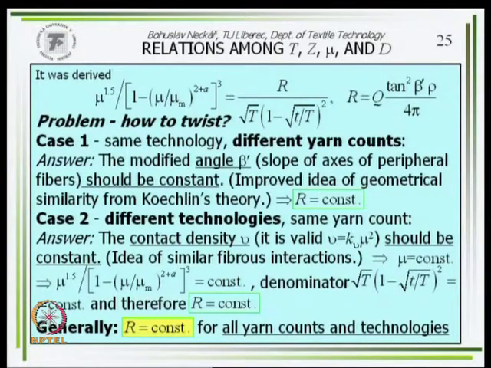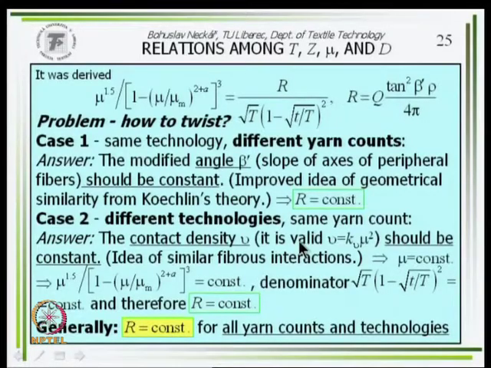Let's solve the second case. Different technologies and same yarn count. The contact density, density of contacts, number of contacts per volume unit, should be constant, because of the mutual influence fiber to fiber and so on. We said we use these yarns for a similar analogical use.